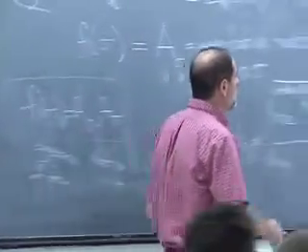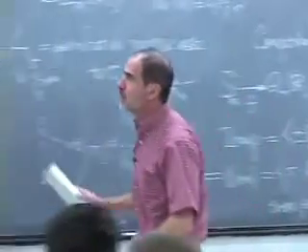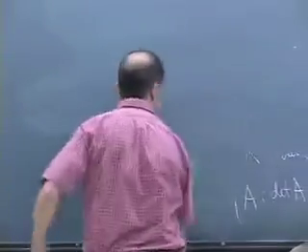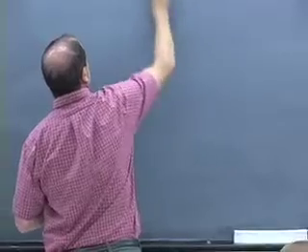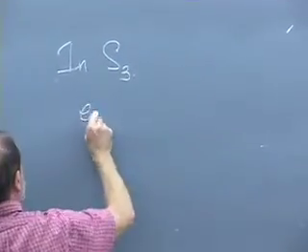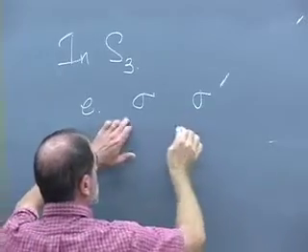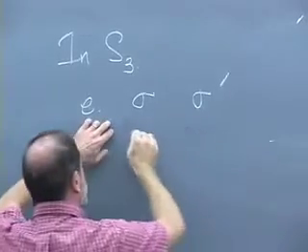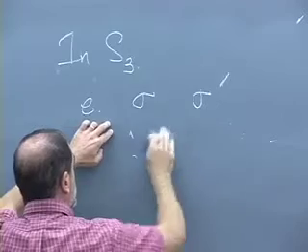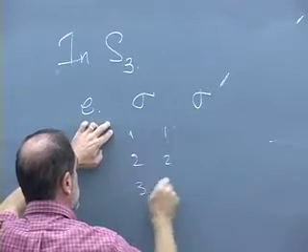OK, let's just work out in the symmetric group on 3 letters, what's the kernel and what's not. In S3, the identity element, sigma and sigma prime, these are the cycles that go around in 3: 1 to 2, 2 to 3, 3 to 1.